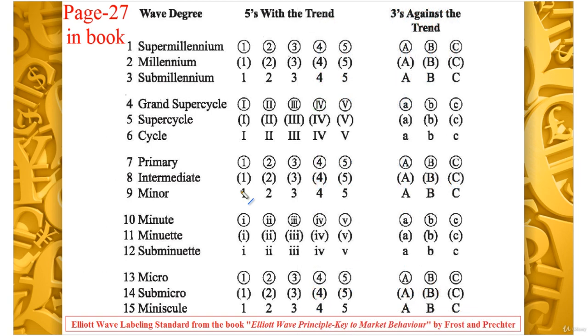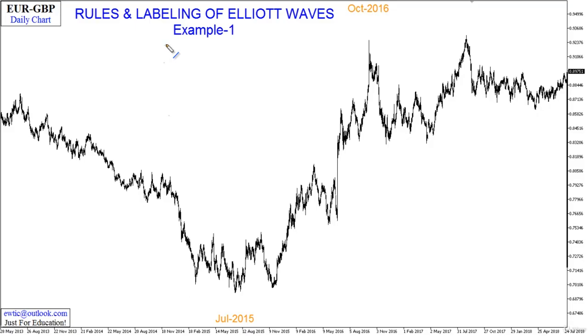Now that you have an idea of wave labeling nomenclature, let's take real-time examples of how the labeling of Elliott waves on different degrees of trend is done. Here is the price chart of the Forex currency pair Euro versus Great Britain pound.